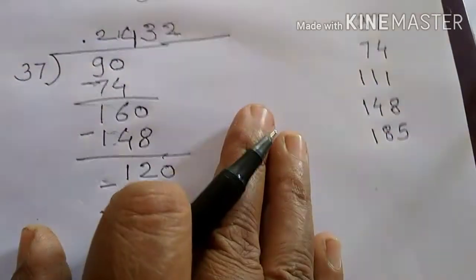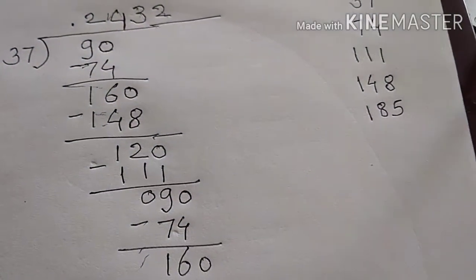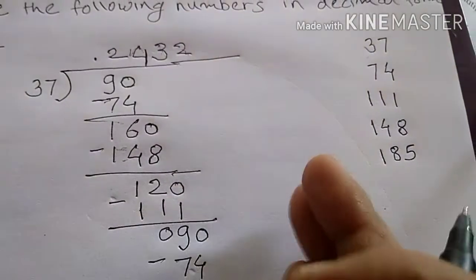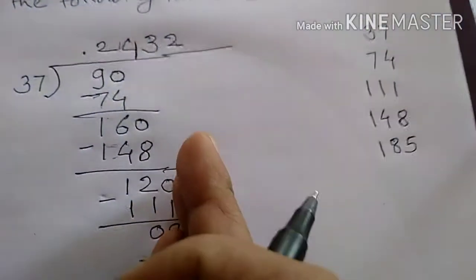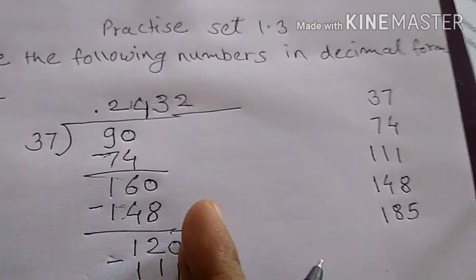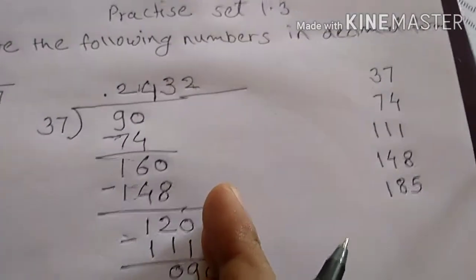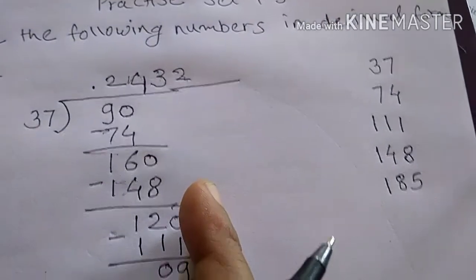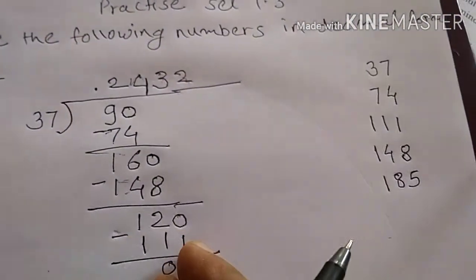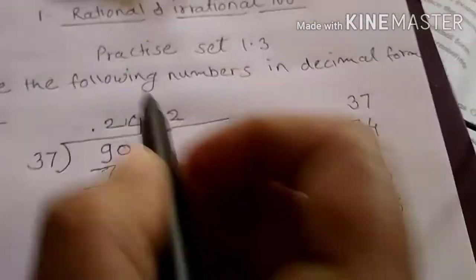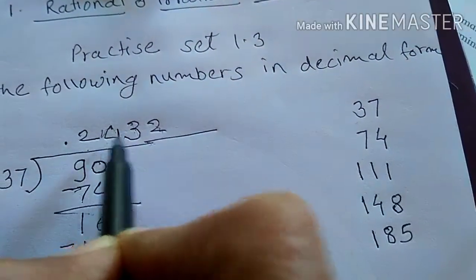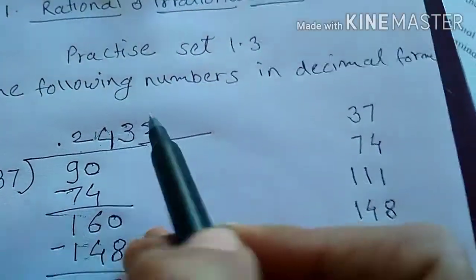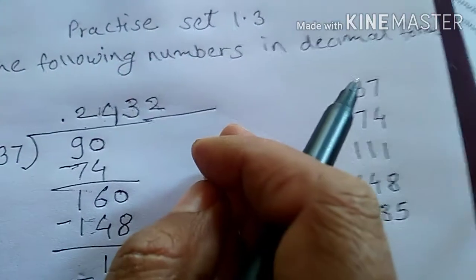This division doesn't end. So these types of rational numbers, whose presentation of decimal form after dividing is non-terminating. It doesn't have an end, so it is called non-terminating. And the group of numbers 243 comes again and again.